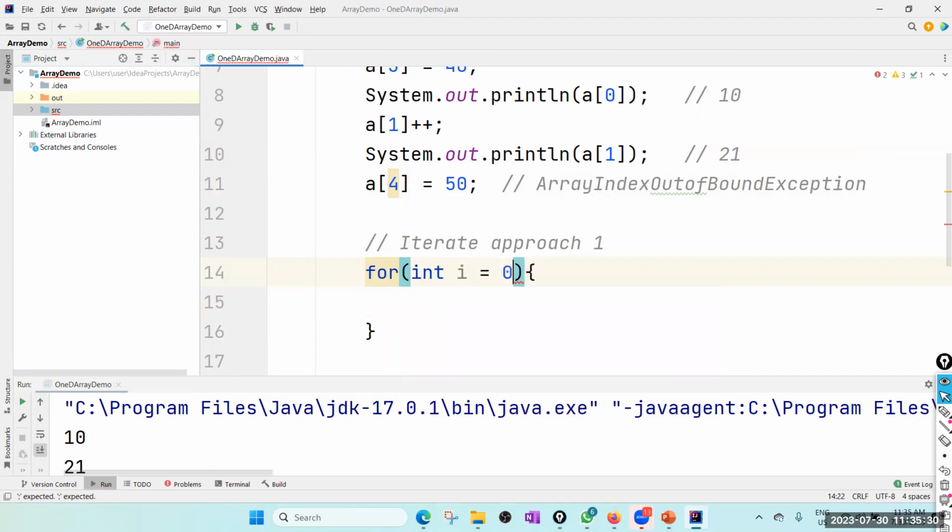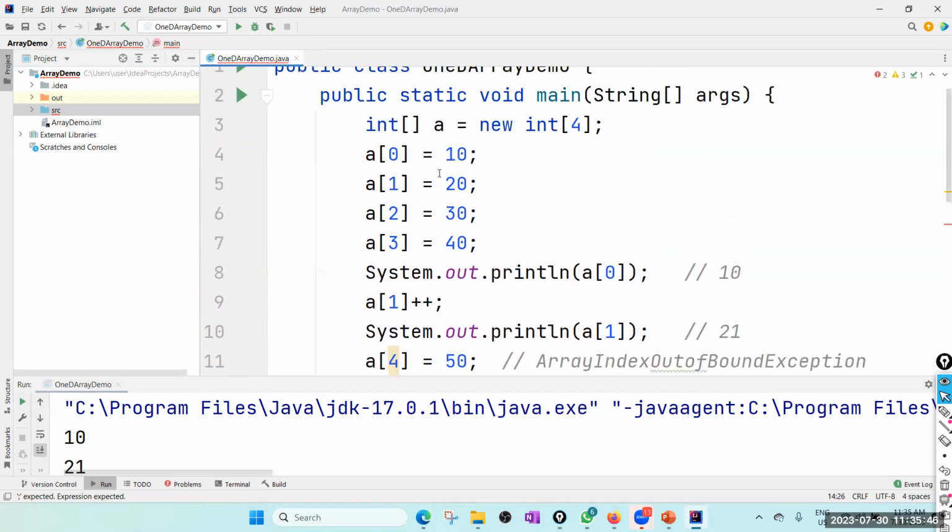Let's start with the 0th element. As long as my i is less than, remember, don't hard code values in your algorithms. Your algorithm must be very general. Your iterate logic must work whether it's a 4-item array, a 10-item array or a million-item array. So whenever you write code, even code segments, make it very general.